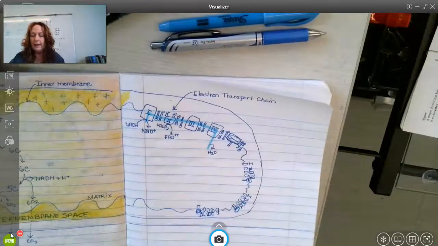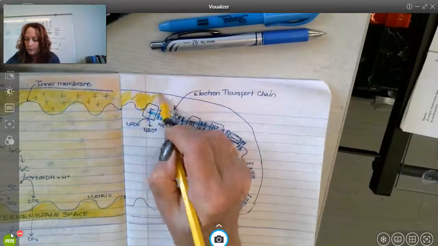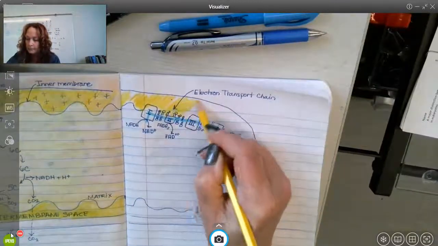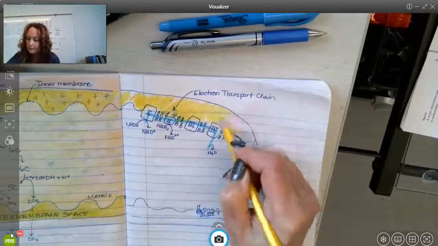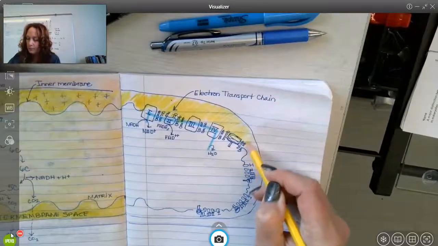So the only thing I have left to do is to draw in this gradient in this inner membrane space.